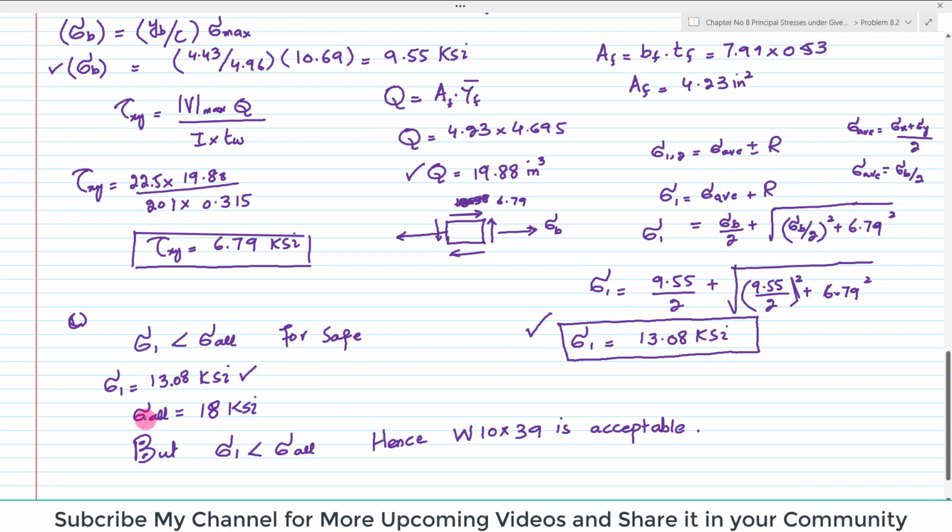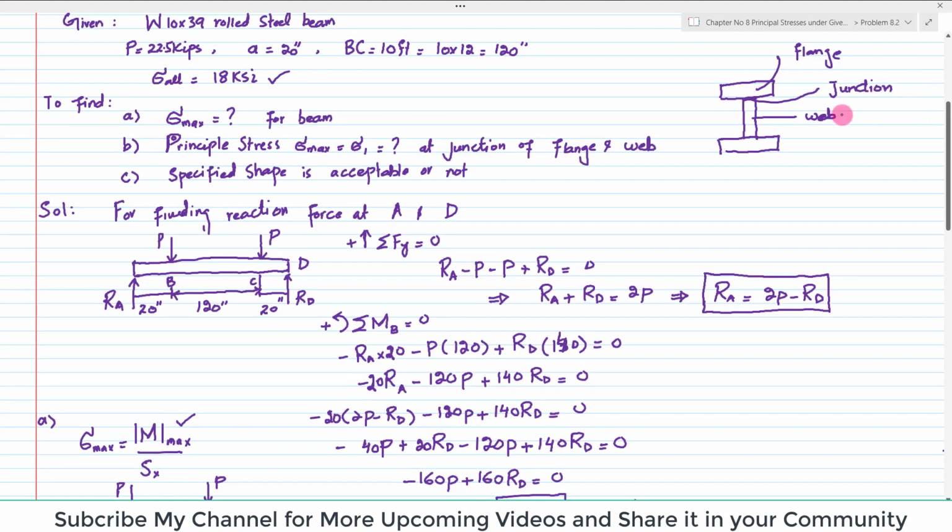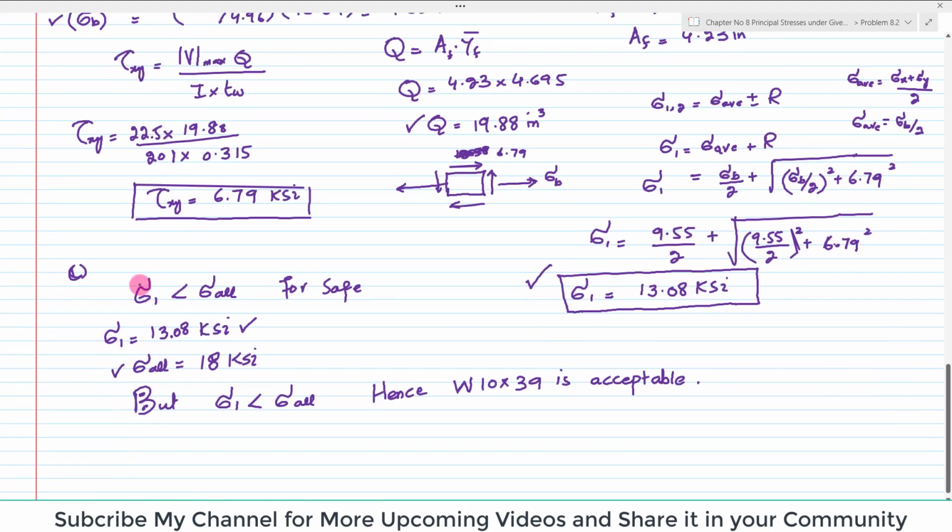Clear? And from the given data, sigma allowable is 18 ksi. So you can see sigma 1, our principal stress, is less than the allowable stress. Hence we recommend that W10 by 39 is acceptable under the given loading condition.